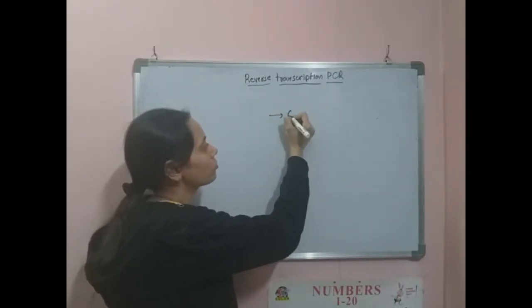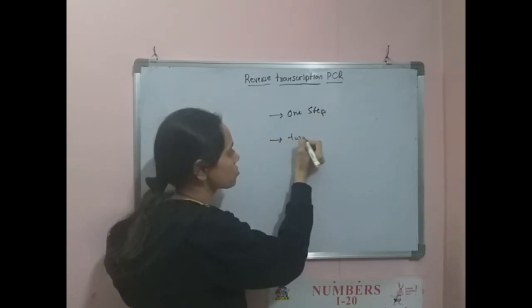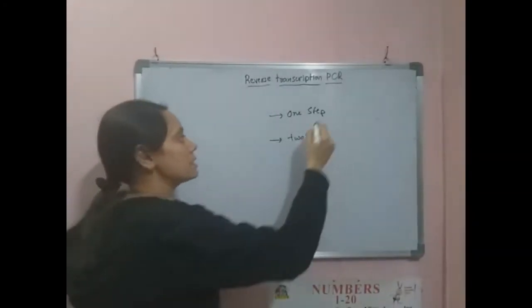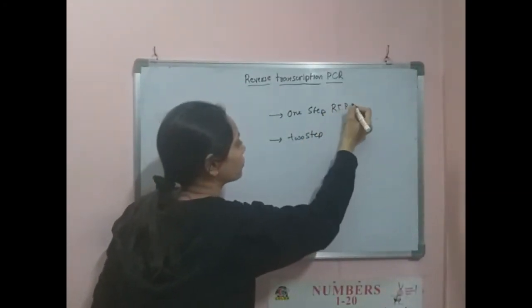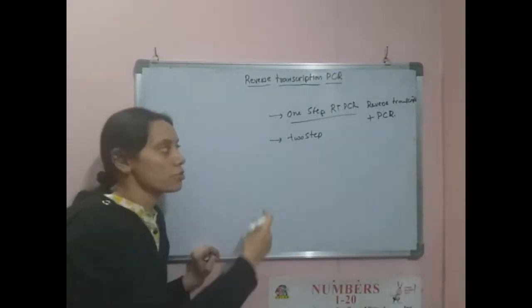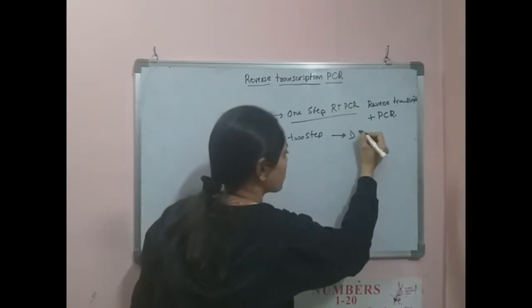We can go for a one-step or a two-step RT-PCR. In single-step RT-PCR, we combine reverse transcription with the PCR amplification in a single step. But in the two-step RT-PCR, we generally separate these two processes. First we go for reverse transcription.